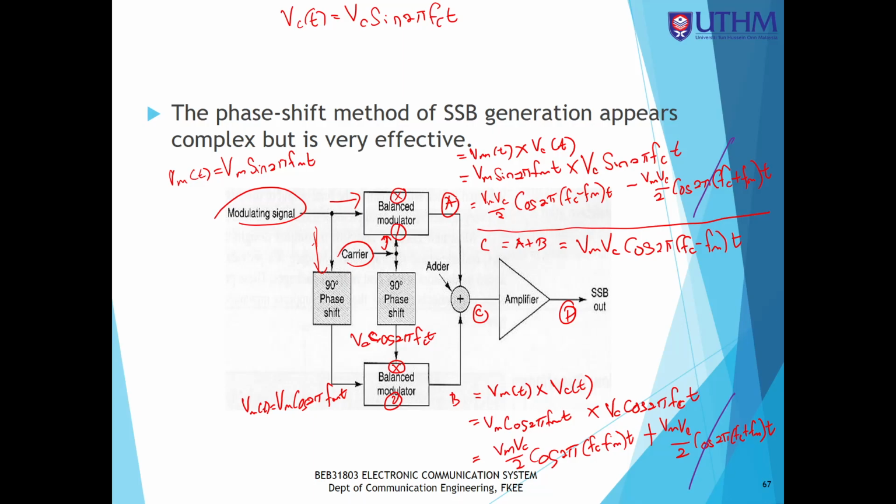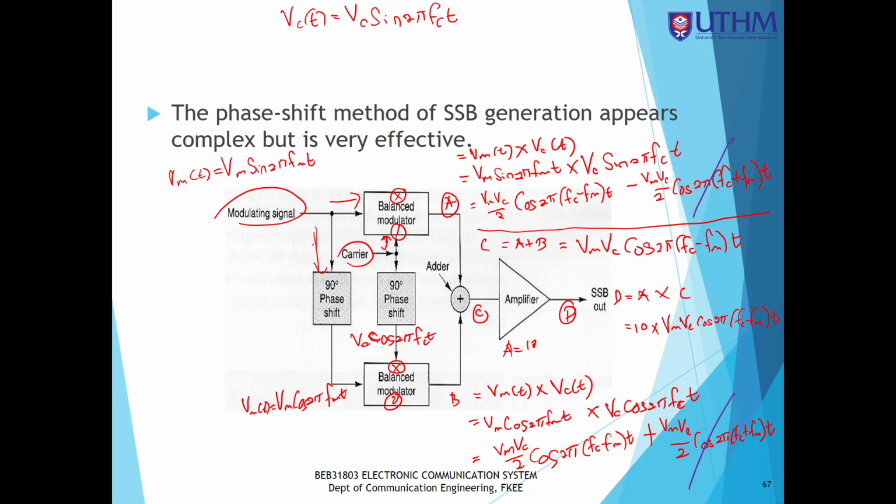What about at point D? Let's say that the gain is given as, for example, 10. What is the equation at point D? So point D is equal to A multiplied with C. So that means 10 multiplied with Vm Vc cos 2 pi (Fc minus Fm)T.